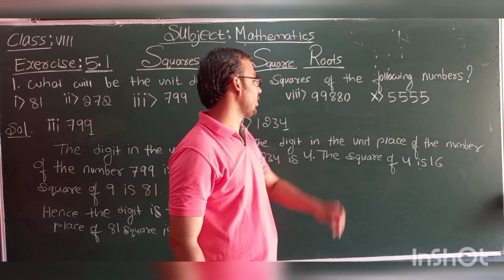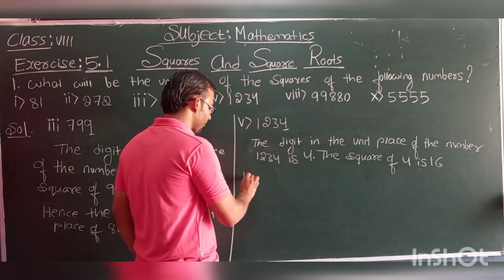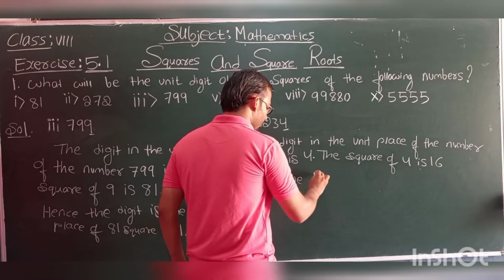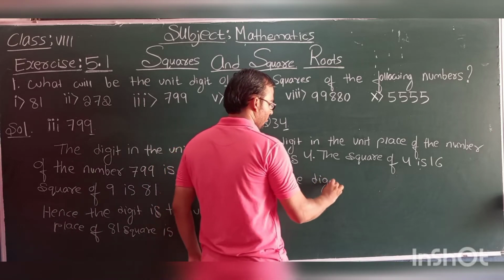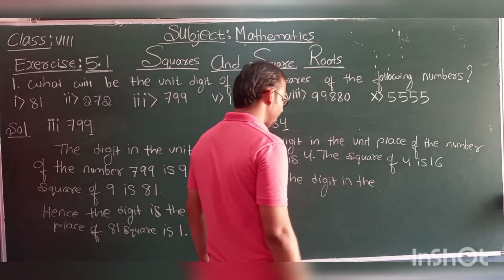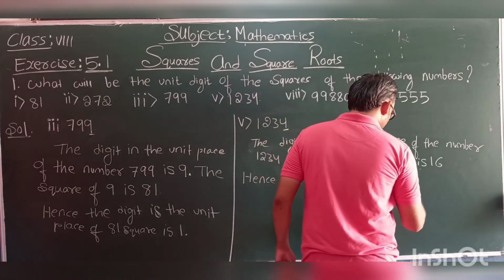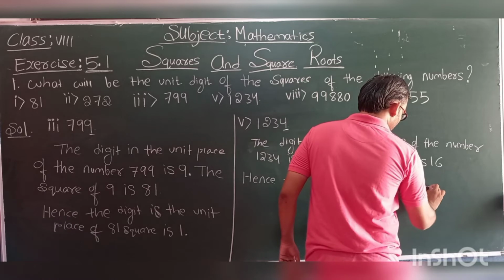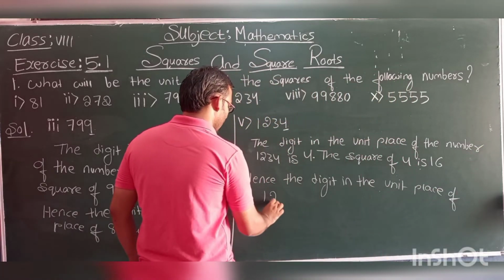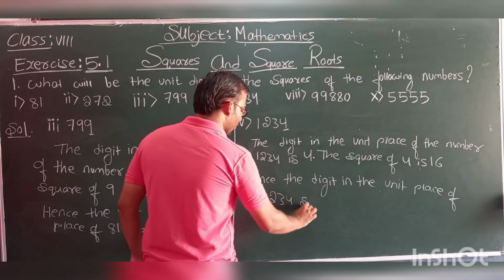The square of 4 is 16. Hence, the digit in the unit place of 1234 square is 6.